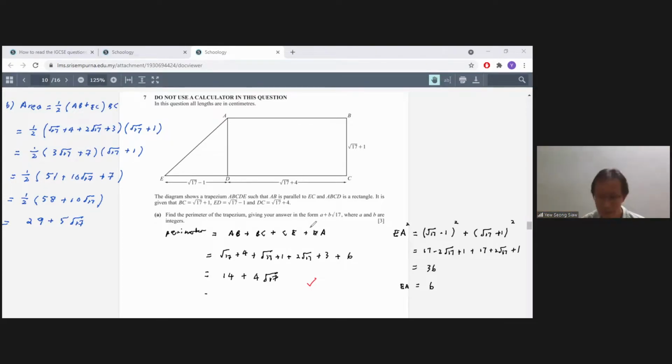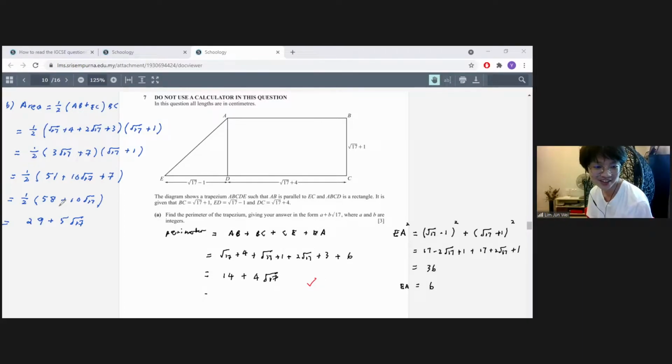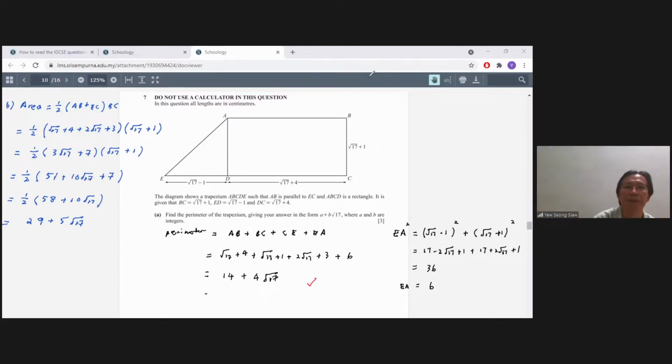Is it the answer? I think so. Should be. Yeah. So this is the answer. Yes. Thank you. So another 3 marks. You know the formula, you show the working, give the answer.